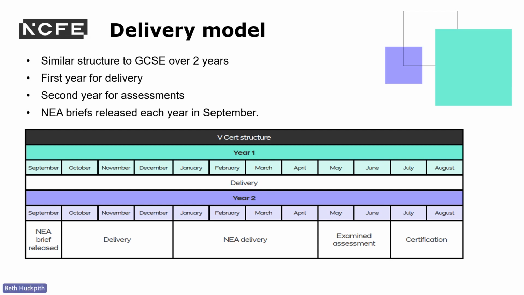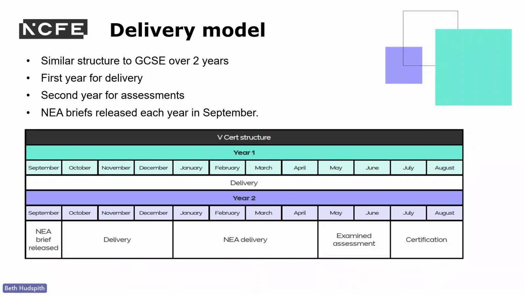And then in year 2, the NEA brief is released in September, but it doesn't have to be delivered in September. Our recommendation is January time, but obviously this will have to suit your school and what other mock exams are happening.